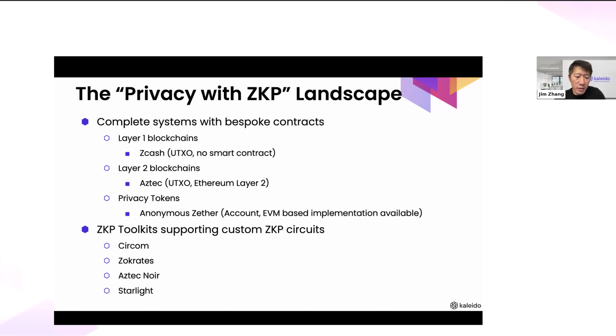It's developed by the Aztec Layer 2 team. And finally, Starlight is a language that's mostly based on Solidity syntax itself, with a few keywords that you can add to express which states need to be kept hidden and which ones are public knowledge.